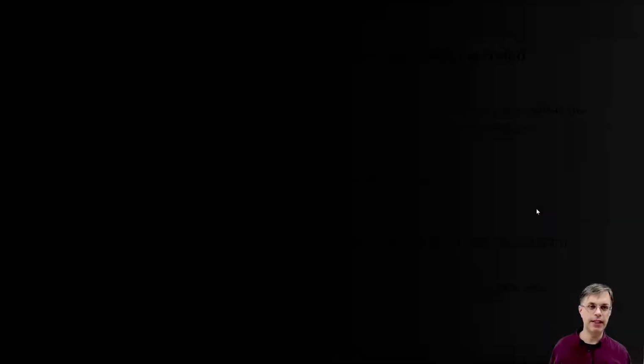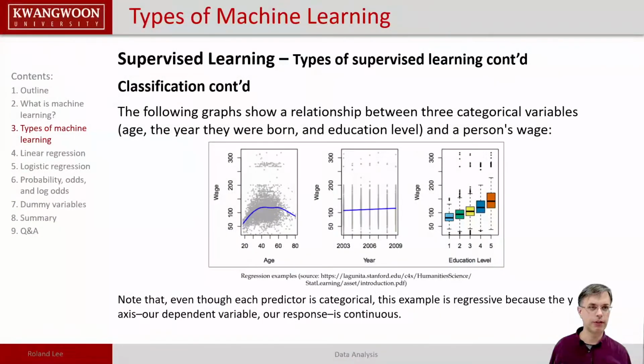So let's see an example for regression. The following graph shows a relationship between three categorical variables: age, year they were born, and education level, and the person's wage.